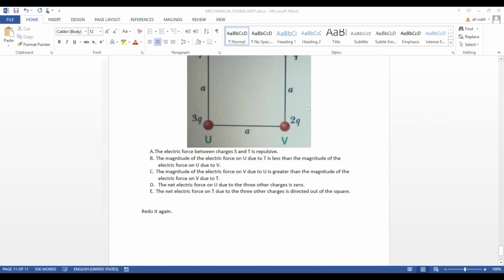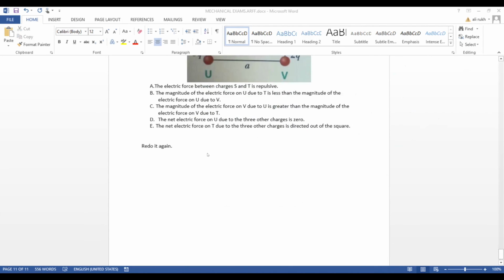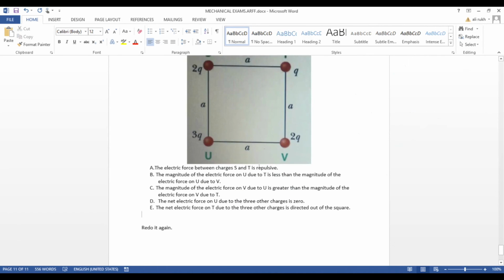It won't be hard. But what I can recommend is you searching for charges in a square, Coulomb force equation. That's what I would recommend looking at on Facebook or YouTube.